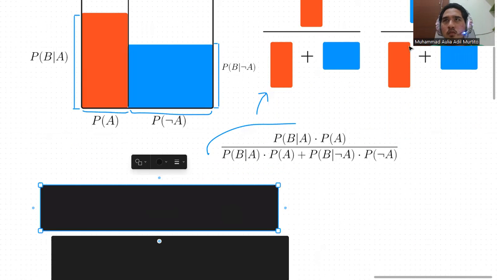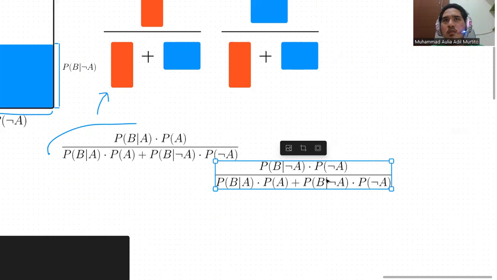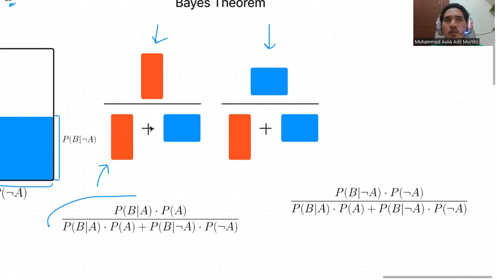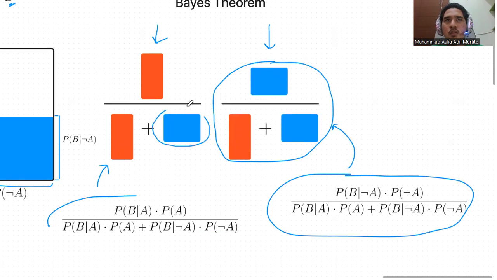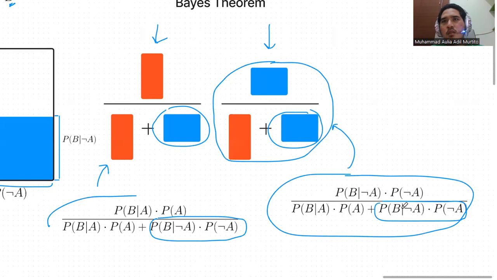How about this one? While this formula is for this one, this formula here is for here. The idea is still the same because this blue rectangle here represents this formula. And here means the same thing as here.